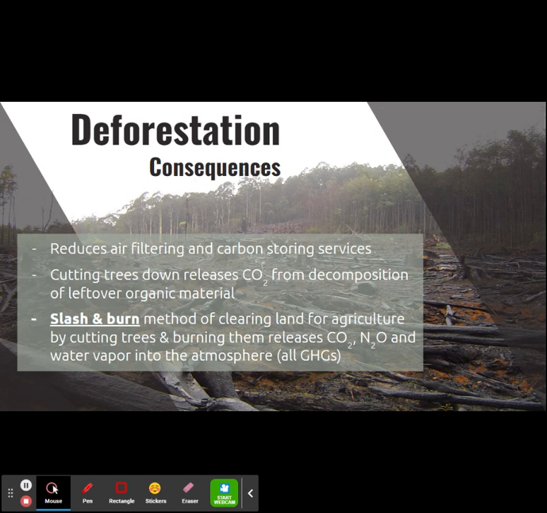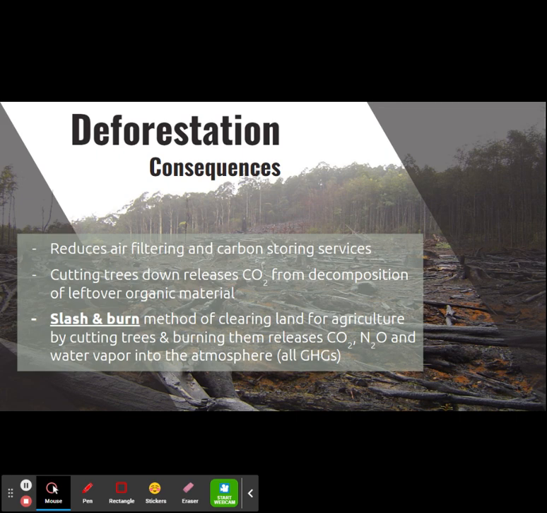Now, this process does happen naturally with primary and secondary succession, which we're going to talk about in unit 4, but we'll bring it back a little bit in this unit. Primary and secondary succession is when habitats are destroyed and regrow over time in a very set series of steps.